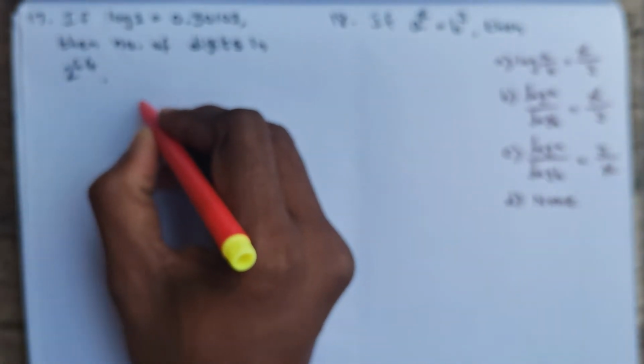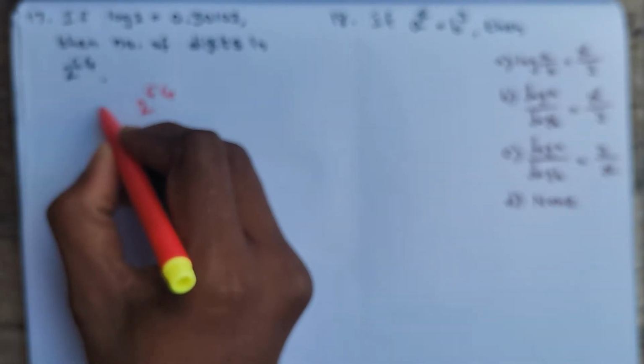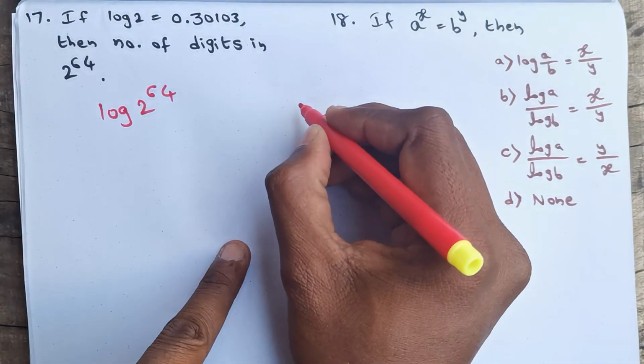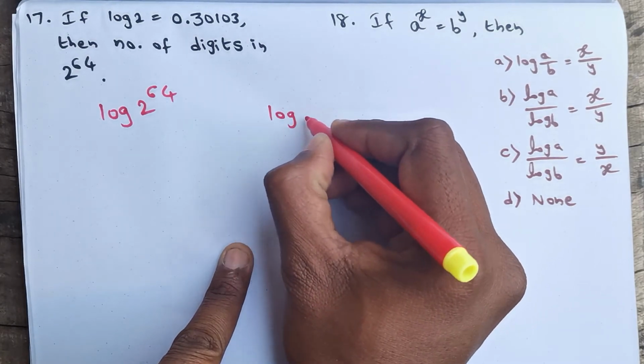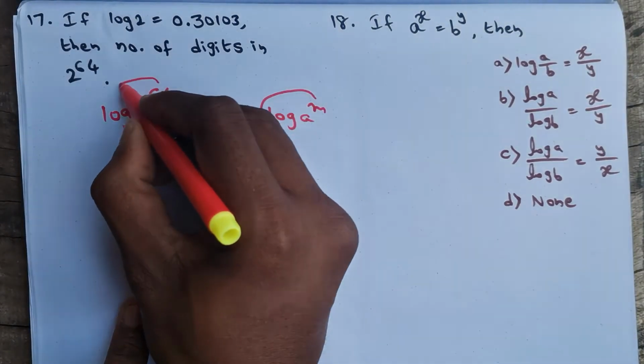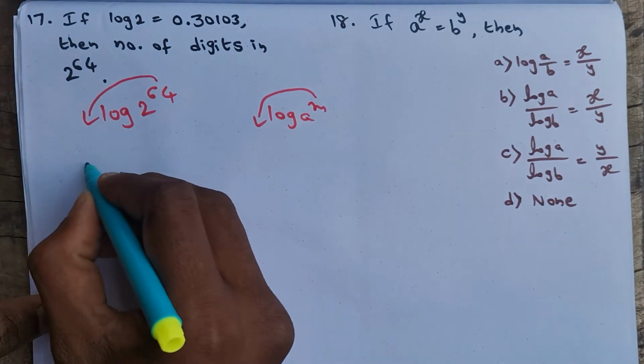Here he gave it 2 power 64. So simply keep log for that. Log 2 power 64. Now we can observe the formula we have. Log a power m. This m will go front. The same way here 64 also will go front. So then what we will get? 64 into log 2.